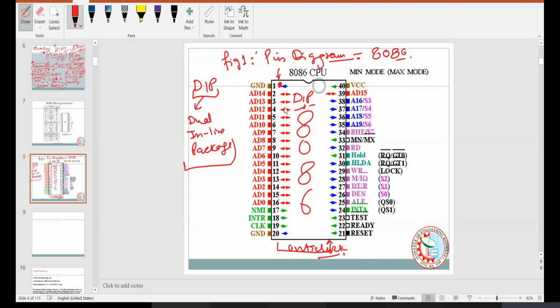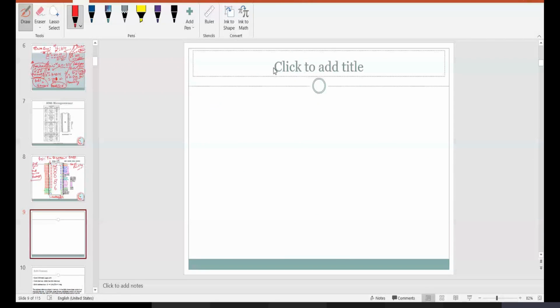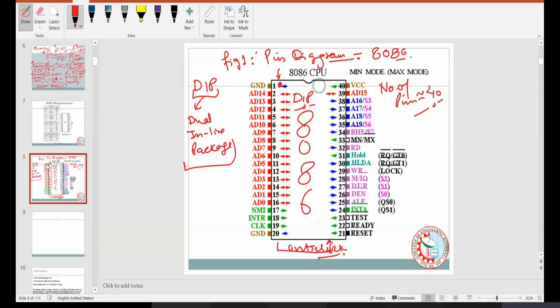Okay then. Now there are a few things we need to understand, like how many pins we are having here. The number of pins we are having here is 40. But originally the processors were not designed with 40 pins. The way it was designed, initially it was having around 80 to 90 pins.